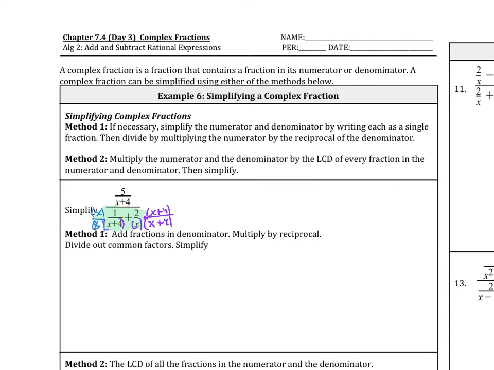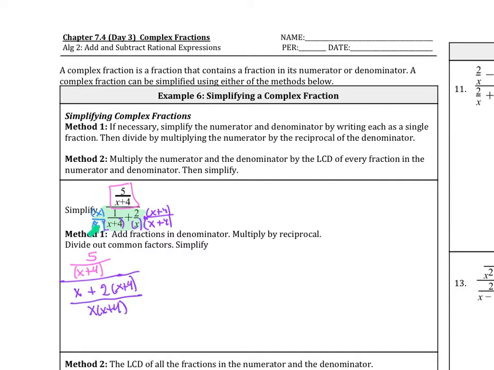On the top, let's just rewrite this top value and leave it alone for now, 5 over x plus 4. Then looking at the denominator, x times 1 is just x, plus 2 times x plus 4, all over the common denominator of x times x plus 4.